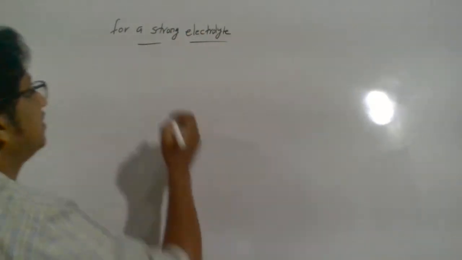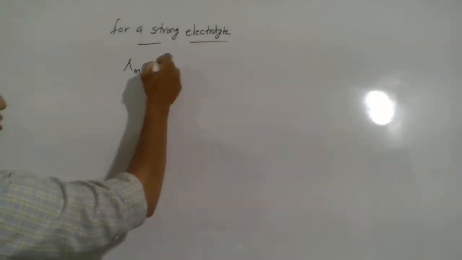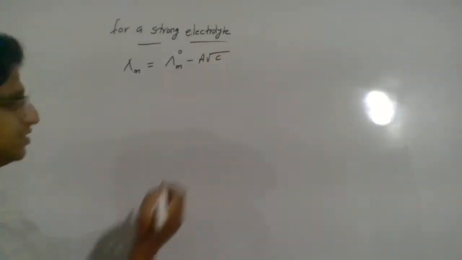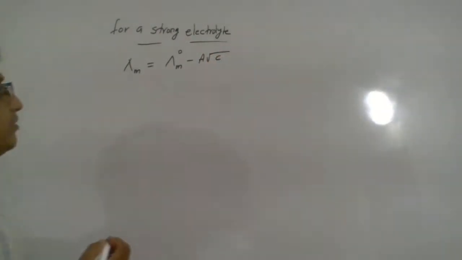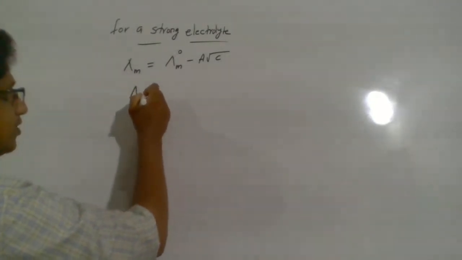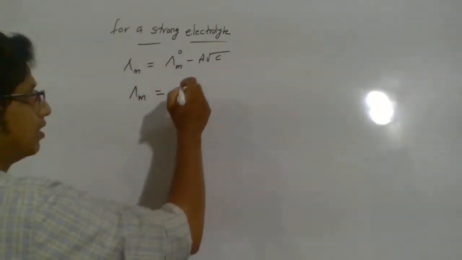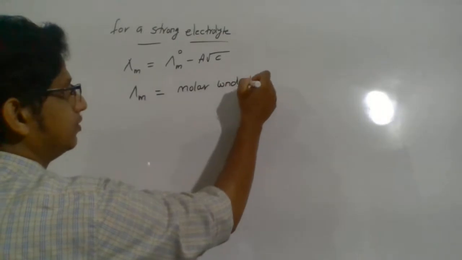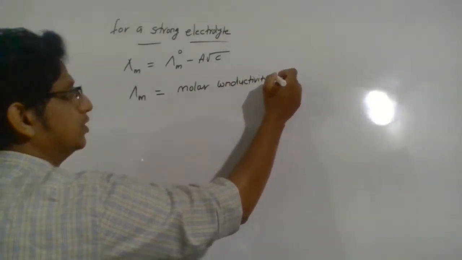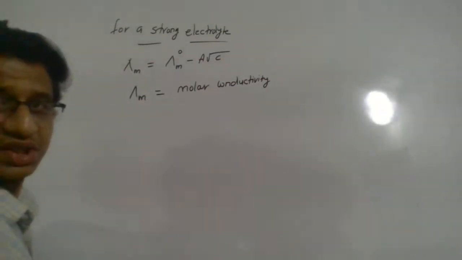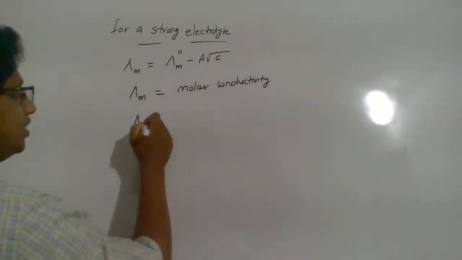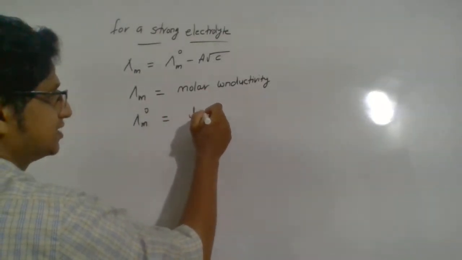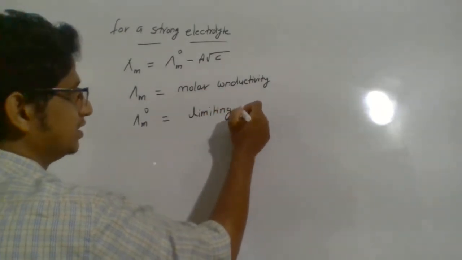For a strong electrolyte, we have the equation lambda m equals lambda m0 minus A root c, where lambda m is the molar conductivity of a strong electrolyte at a particular concentration, and lambda m0 is the molar conductivity at infinite dilution, or we will say limiting molar conductivity.